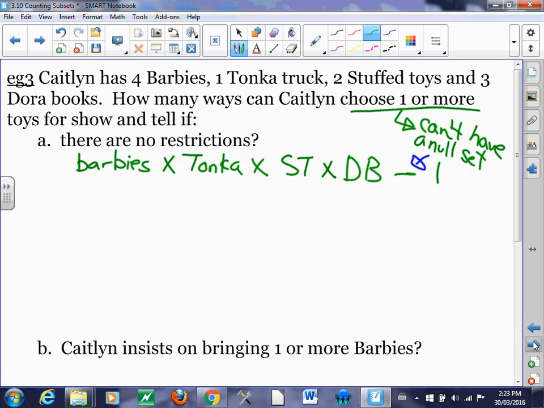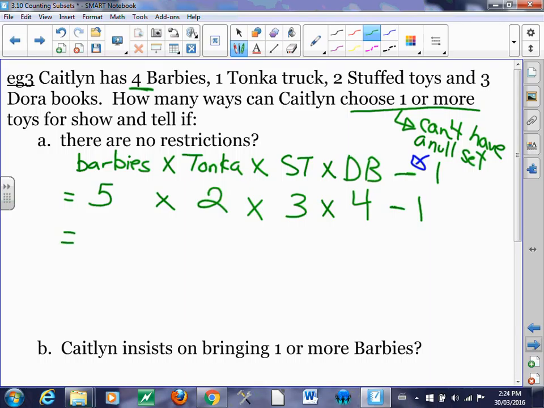We've got 4 Barbies, so 4 plus 1 is 5, times the Tonka: you have one Tonka truck, either you choose it or not, so that's 2 possible ways. The stuffed toys, there's 2 of them, so add 1 becomes 3. The Dora books, there are 3 of them, so add 1 becomes 4. But don't forget to subtract 1 because we can't have a null set, since she has to choose 1 or more toys.